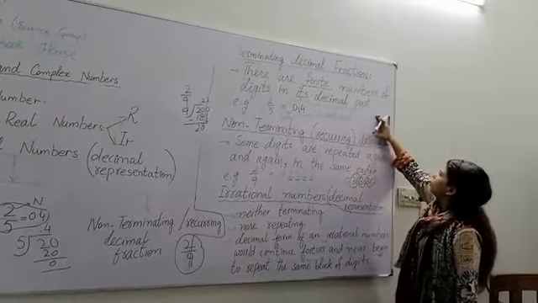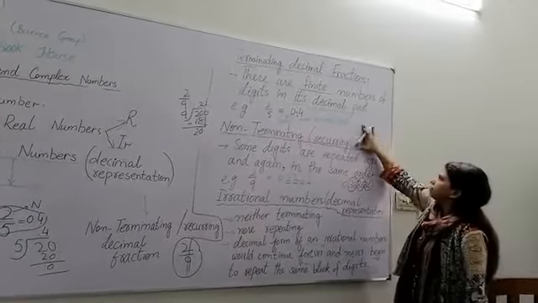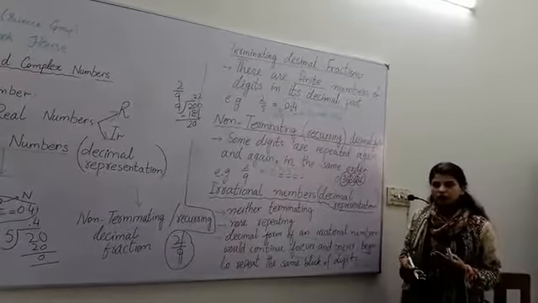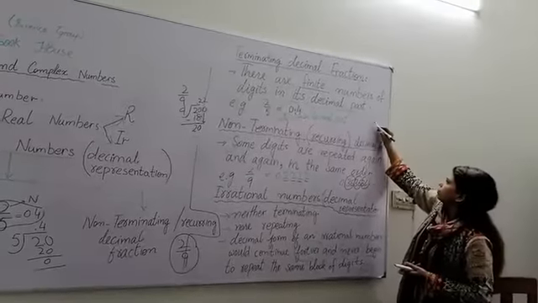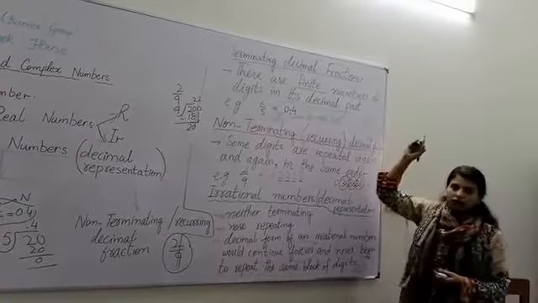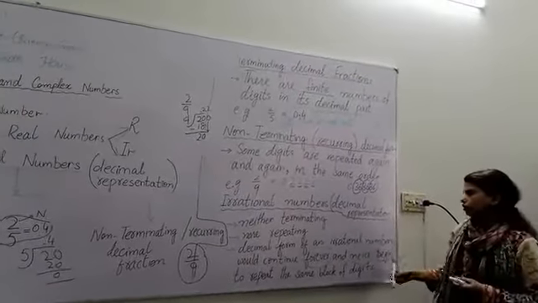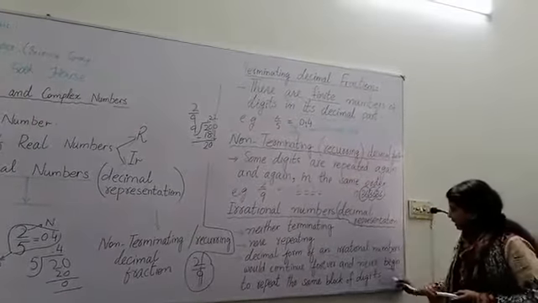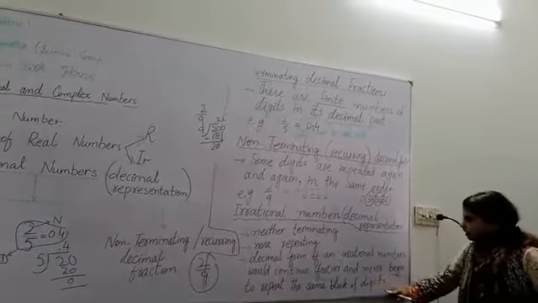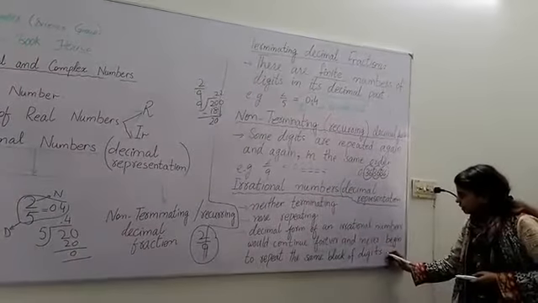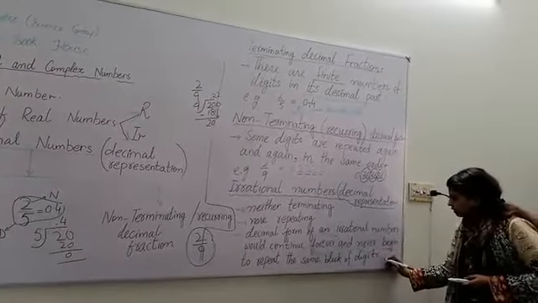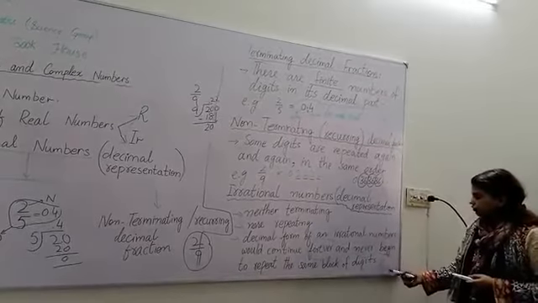It will be somehow like the answer of pi. Have you any idea about the answer of pi? It is like 3.1 and so on, and no pair or digits are repeated in the same order. So pi is a better example of irrational number decimal representation. Let me write the value of pi for you.